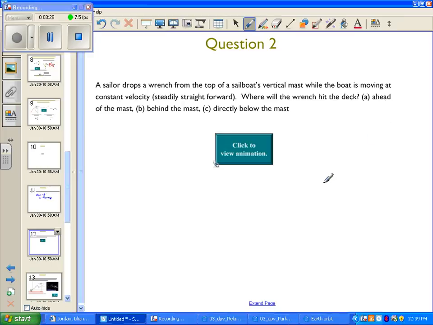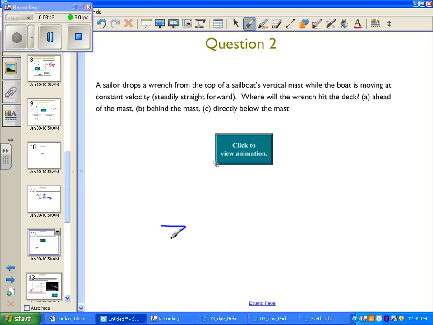So, whereas in the video demonstration we saw a steel ball that was launched upward from a steamboat moving at constant velocity, the same applies here where our sailboat is moving at constant velocity and a wrench is released.